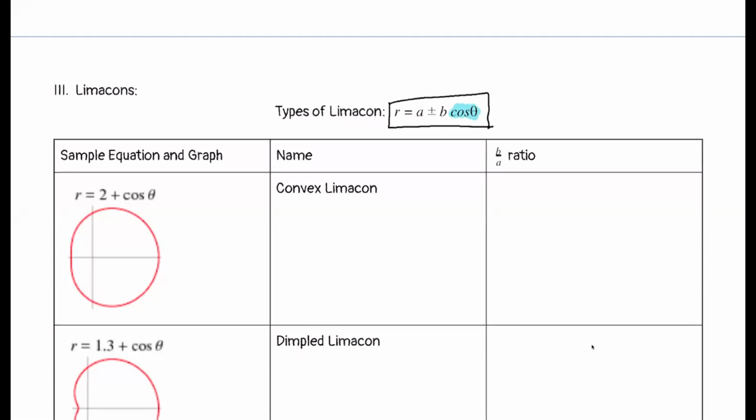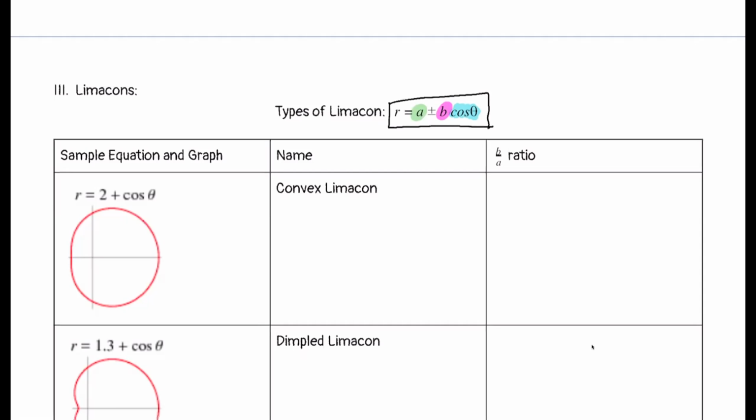We have this A in the front, and we could have a plus or minus in between. And then we have a B in front of the cosine theta.